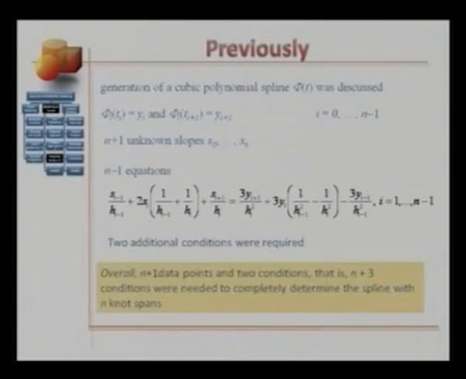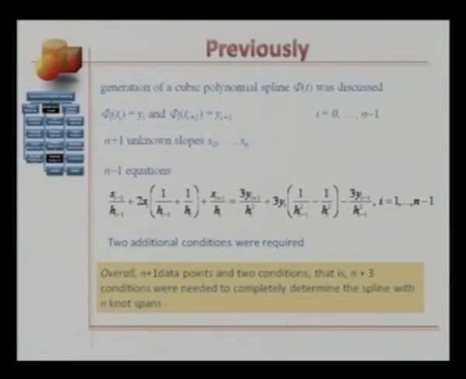Overall, n plus 1 data points and 2 conditions, that is, n plus 3 conditions were needed to completely determine the spline with n knot spans. In other words, n plus 1 knots.